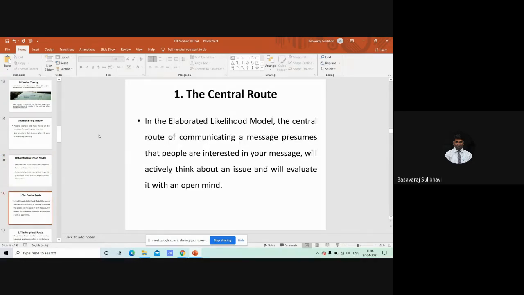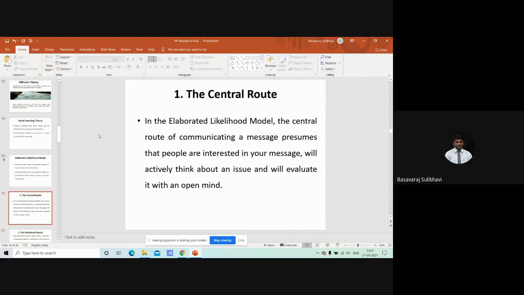So we have a central route and a peripheral route. The central route, specific to the elaboration likelihood model, where communicating a message usually presumes that people are interested in your message.